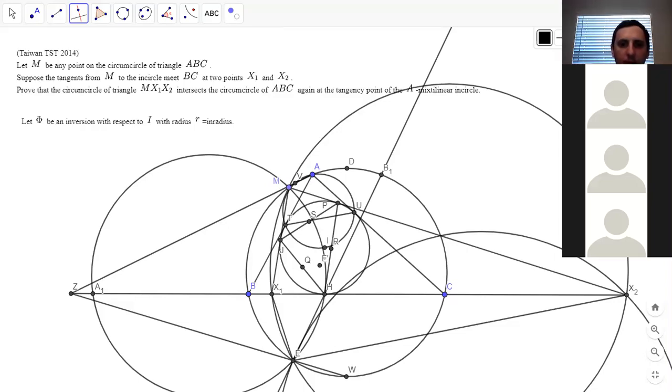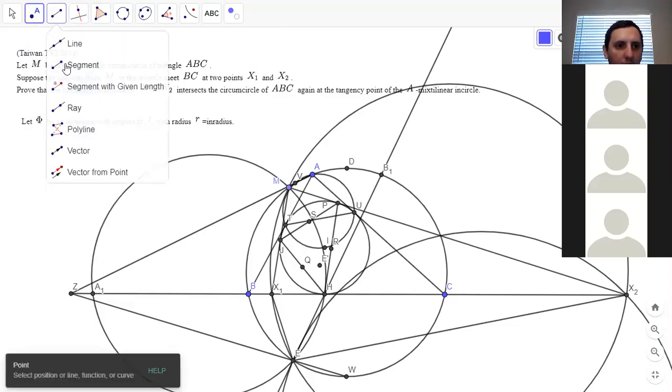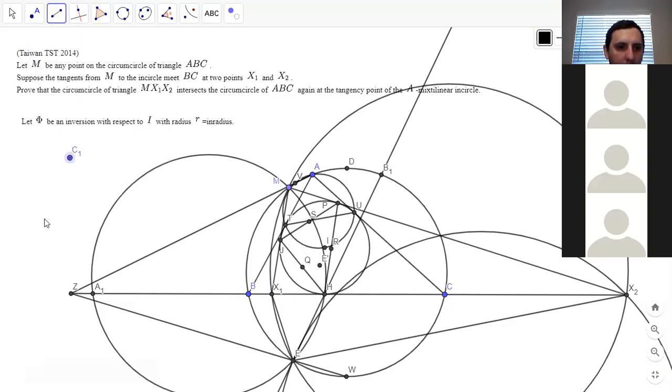Is there anything special about where the altitude of a triangle meets the 9-point circle? Well, that's the midpoint. If we have just any triangle in general and we draw the altitude and the 9-point circle.